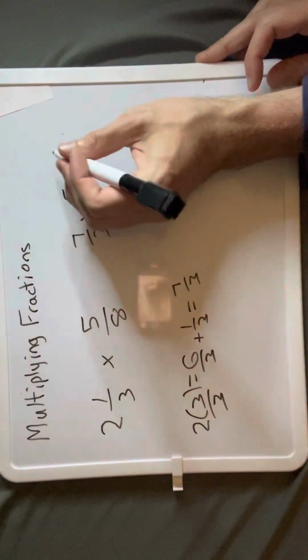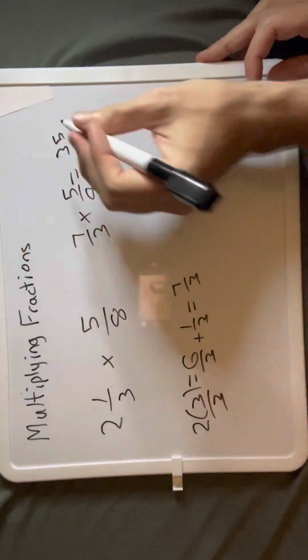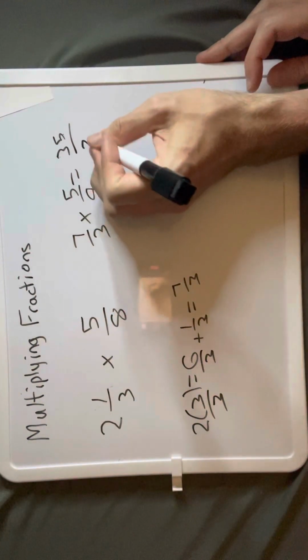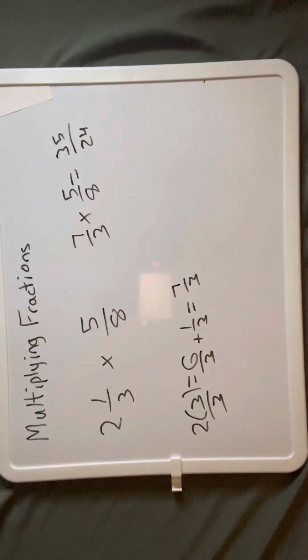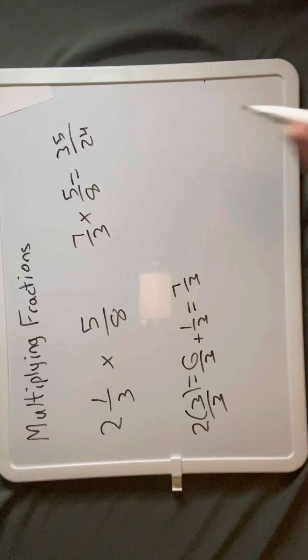This gives us 35 over 24. And that gives us an opportunity to simplify, because right now this is an improper fraction. And even though our instructions didn't state to simplify, typically that's something you always want to try to do.